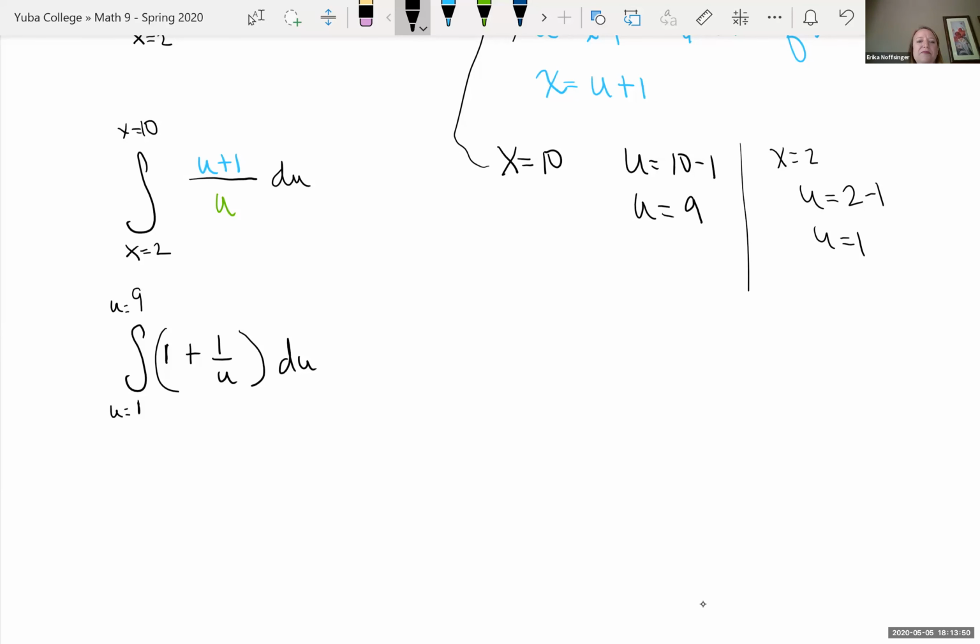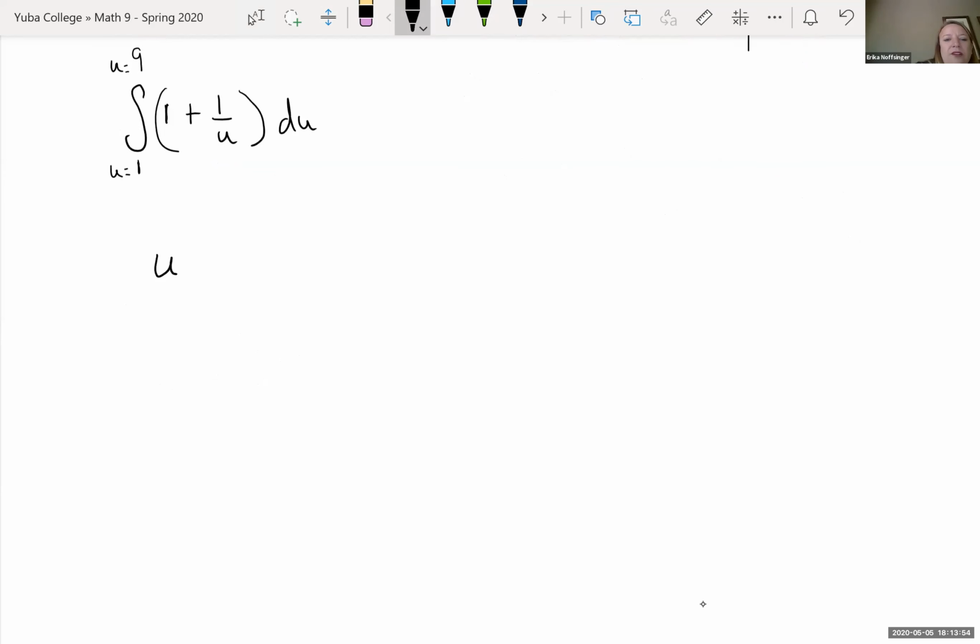So taking the integral of 1, that's just u, plus, so this was the special one. If we had an exponent of -1, if we rewrote this 1 over u, this was u to the -1, that was that special case that we couldn't use that rule where we add 1 to our power, divide by that.